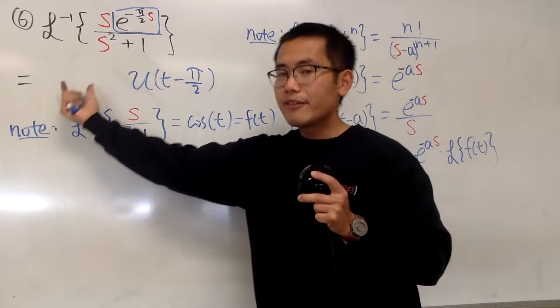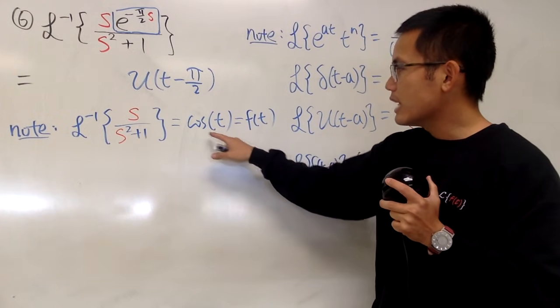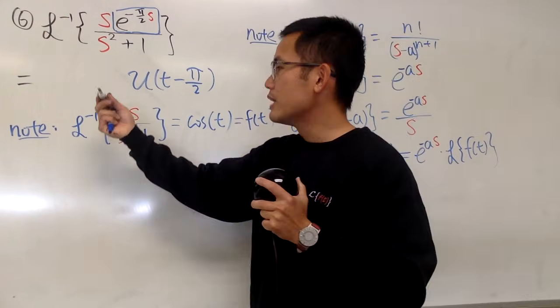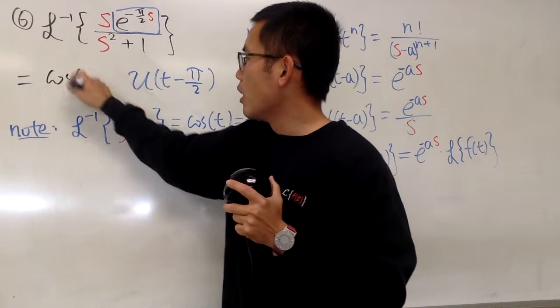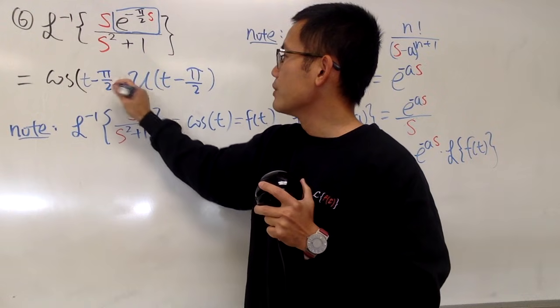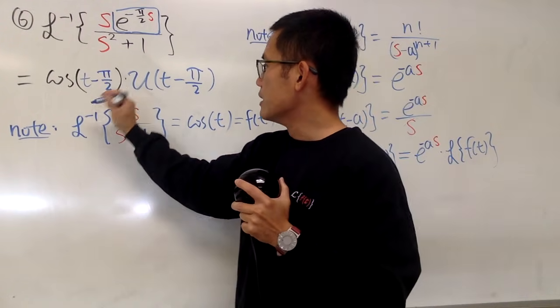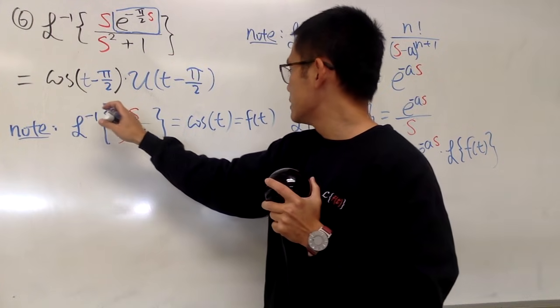The input has to match right here. So instead of just putting down cosine of t, you actually have to put down cosine of t minus pi over 2, right? So again, this portion is for the f of t minus a.